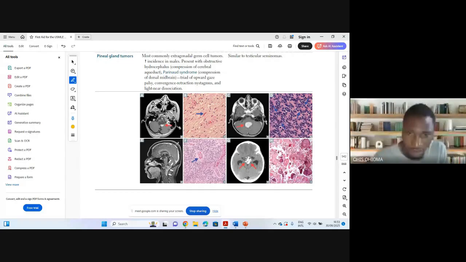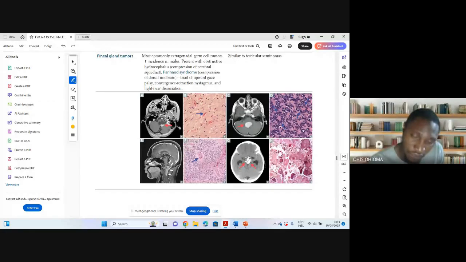You can see this here is the tumor, and it starts in the fourth ventricle and grows downward. The vermis of the cerebellum forms the roof of the fourth ventricle, so that's how you're able to recognize it. It's mostly located in the fourth ventricle.